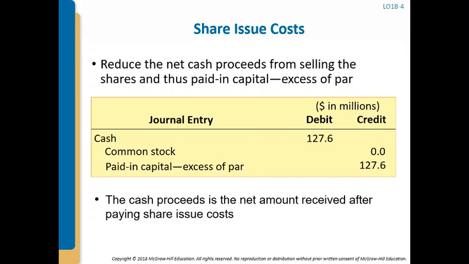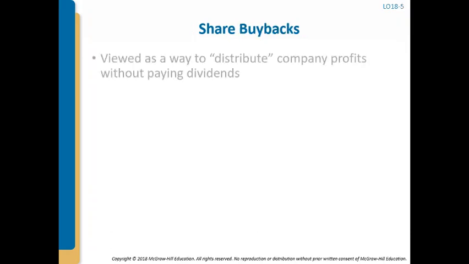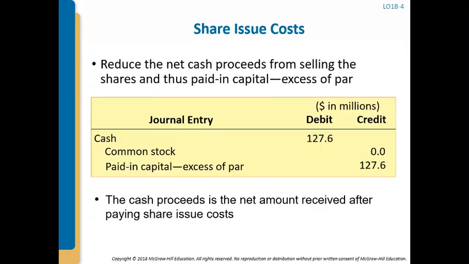And so here we have an example of a company that issued, I don't know what the amount is, I think it's like 135 million. See if I can find this in the book.